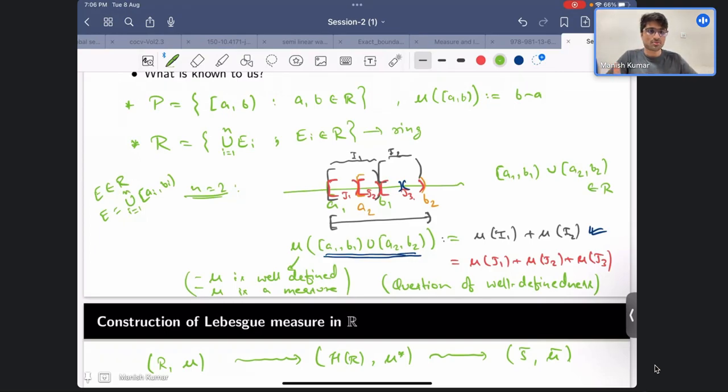I mean it should stop somewhere. This is the definition of the ring. Was this your question, or something else? Yes, sir, I could not understand how to define the ring. So this is the definition: any element of the ring will be of this form.